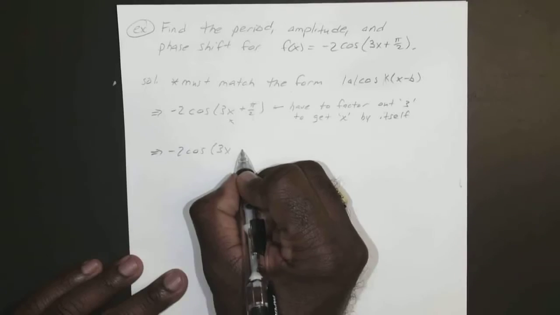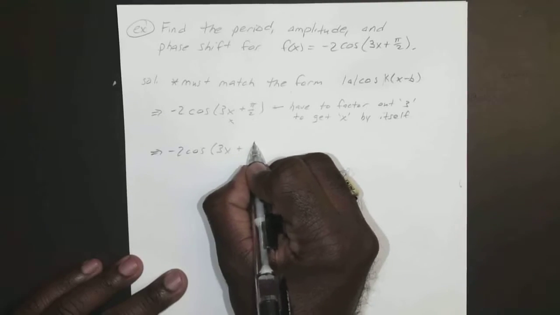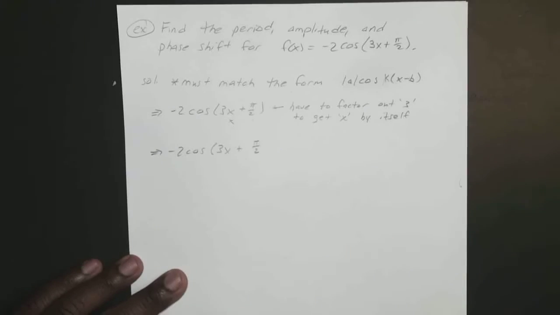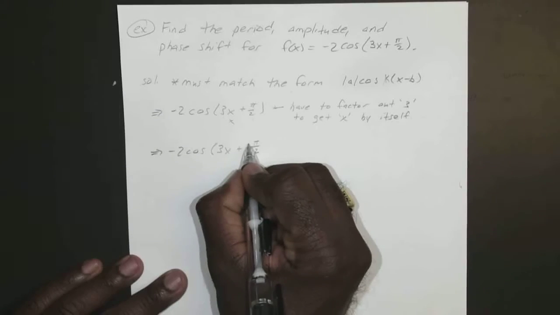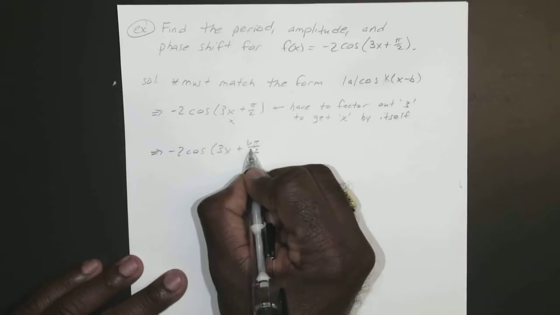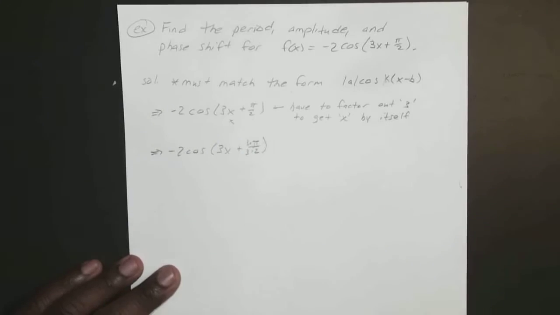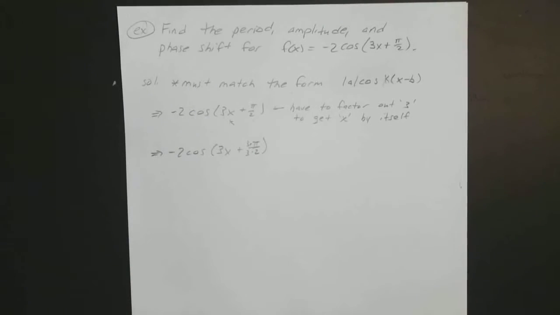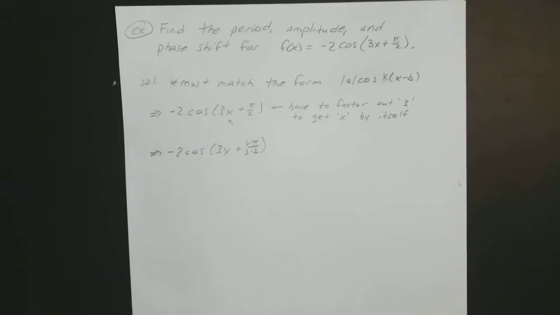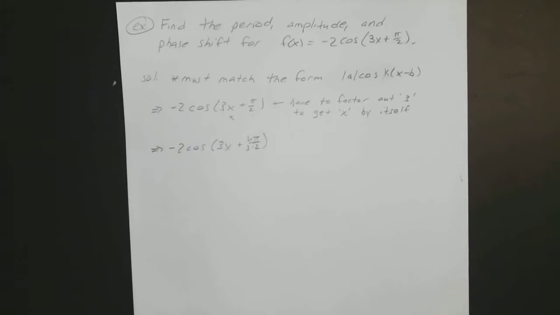So you have 3x plus, we have our pi over 2, but we multiply the numerator and denominator by 3. So just by doing that, we can now factor a 3 out of both of them.